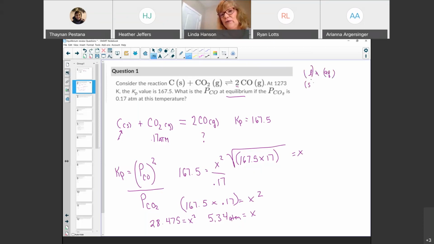Pure liquids, pure solids, these are no, but aqueous and gases are a yes. So those are the phases of matter that you look for when you're writing out your expression. Correct. Cool. Got it. Excellent. All right, let's keep moving along.